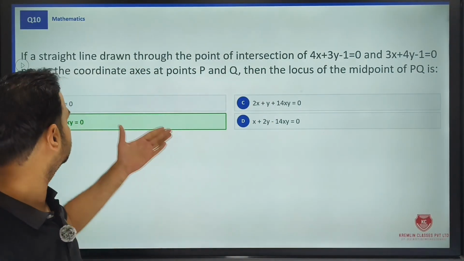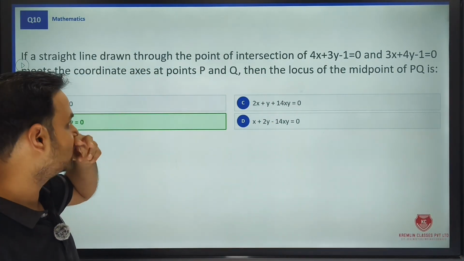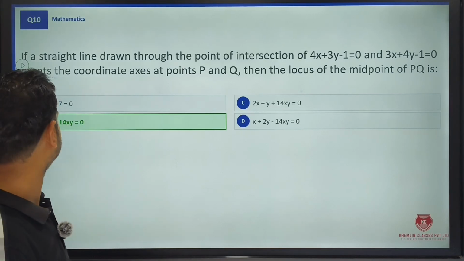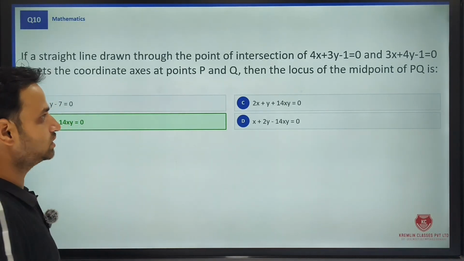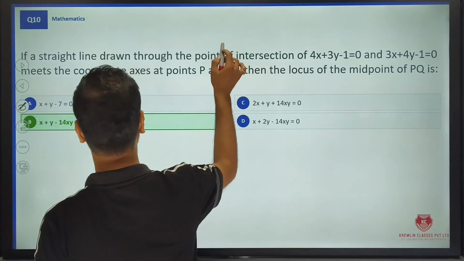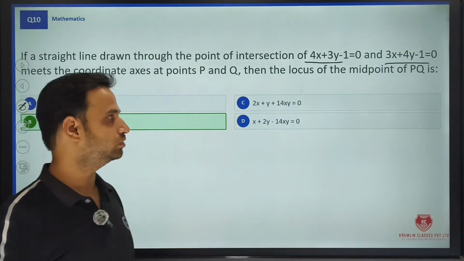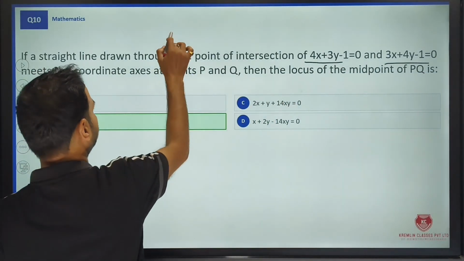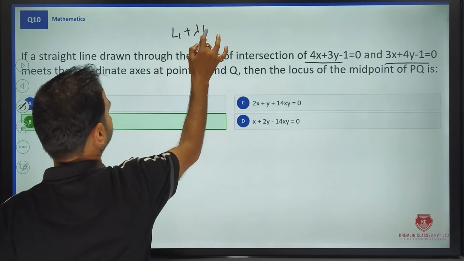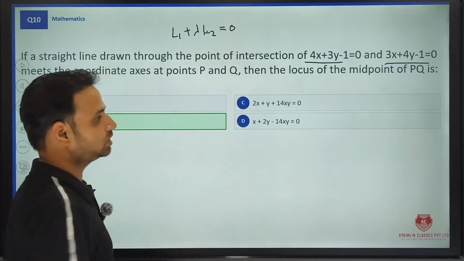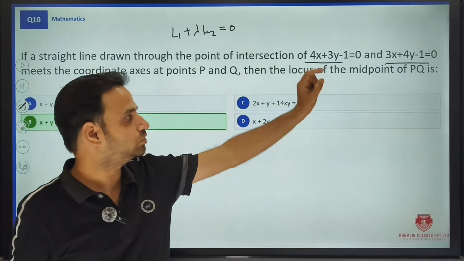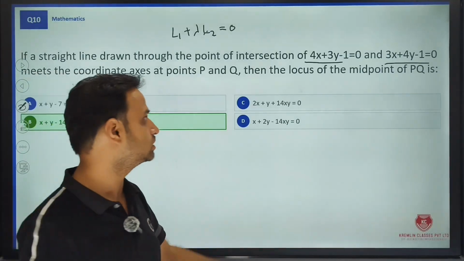So what we are given, 2 straight lines, their point of intersection, and a line meeting the coordinate axes. So how can we find the line which is passing through the point of intersection of these 2? We can find it easily by L1 plus lambda L2 equal to 0, the family of lines which represents the line which is passing through the point of intersection of these 2 lines.